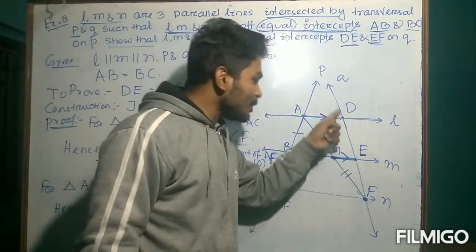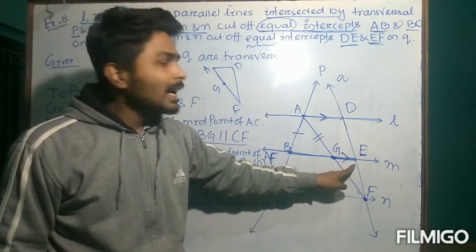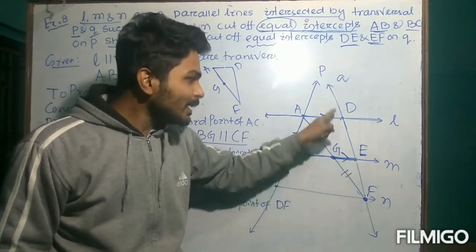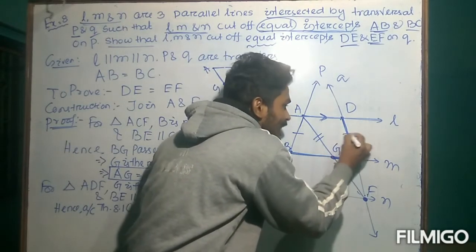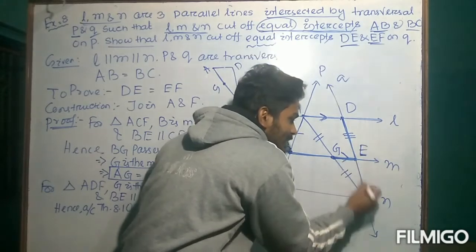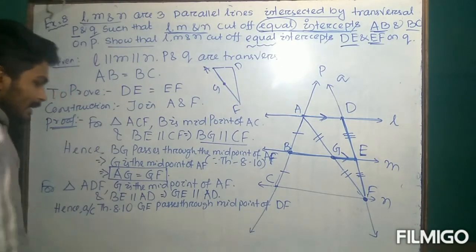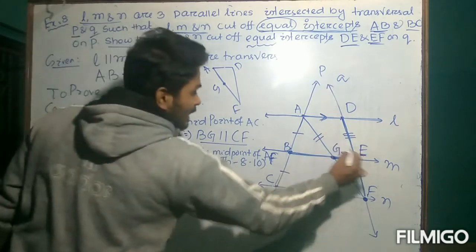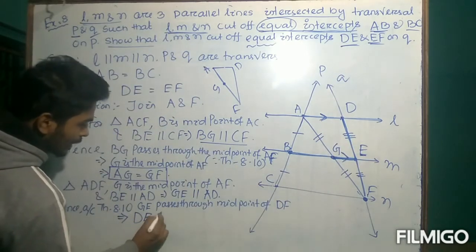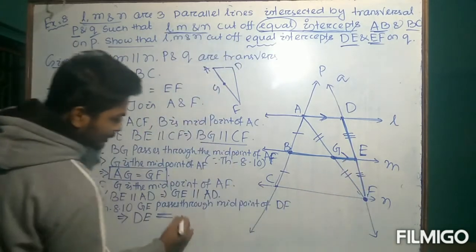If GE passes through the midpoint of DF, it means what? It means E is the midpoint of DF. Okay, if E is the midpoint of DF, it means this intercept, this distance DE, is equal to this intercept, this distance EF. So finally you can write that DE is equal to EF.